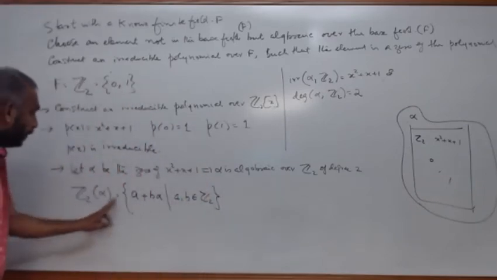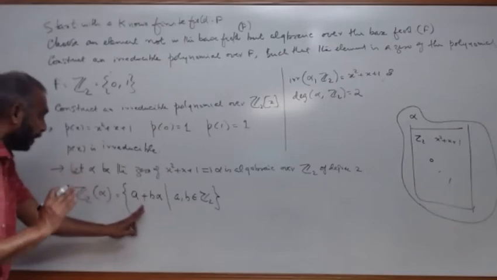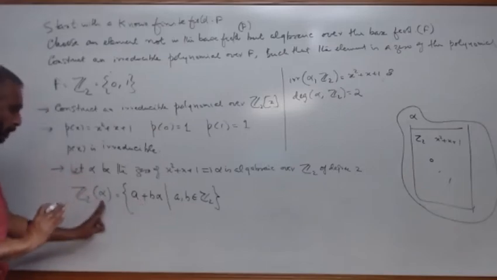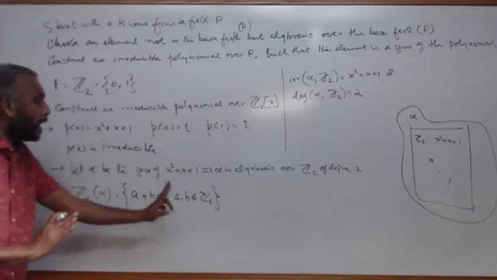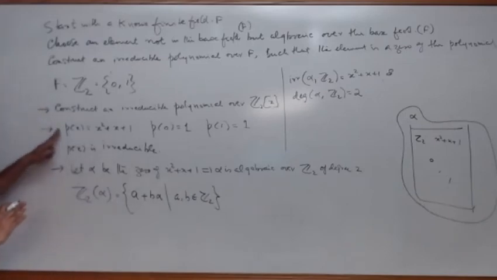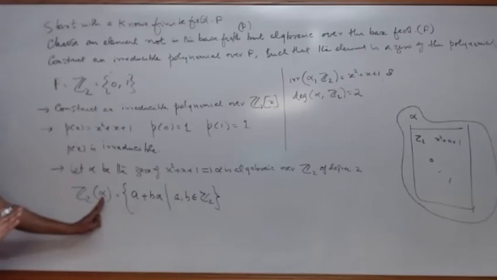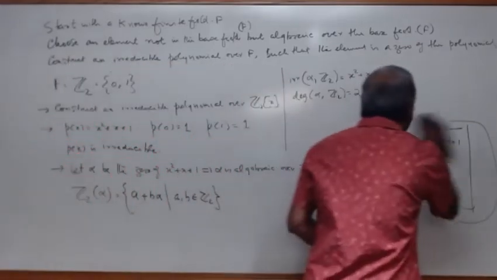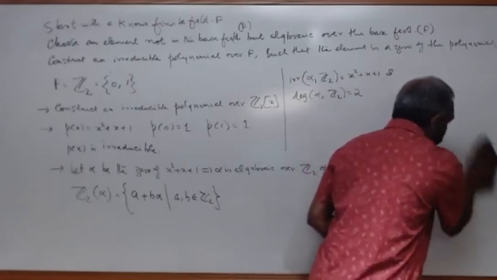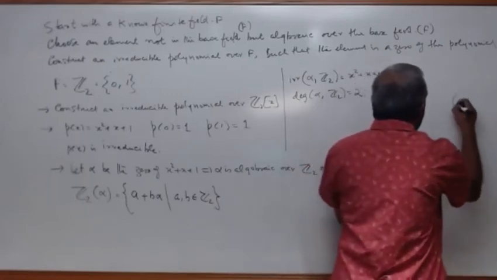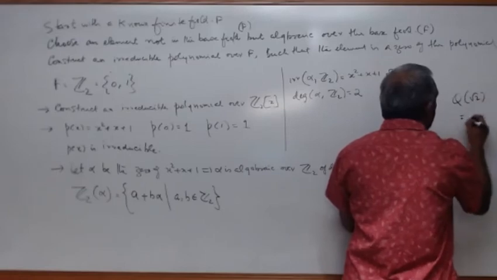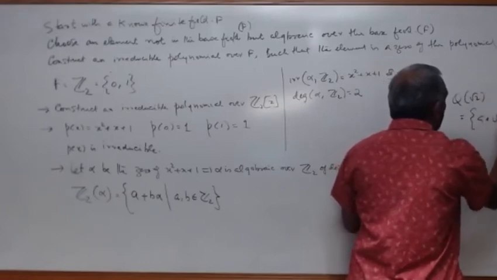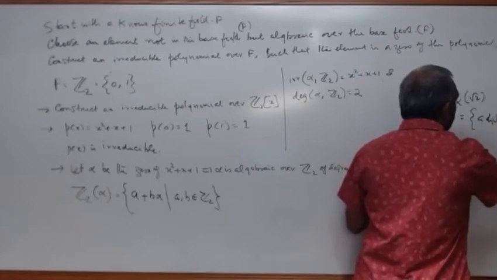It's a polynomial in alpha of degree less than the degree of the irreducible polynomial of alpha. Exactly like what we did in the case of Q(root 2), which is A plus B root 2, where A and B belong to Q.